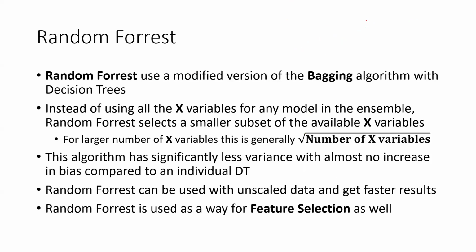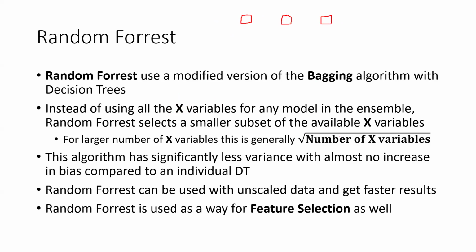Random forest is also a bagging technique, but the difference is, instead of using the whole variable set, suppose you have x variables available. For each of these smaller models, each of these decision trees, we don't take all the x variables available in the original problem.